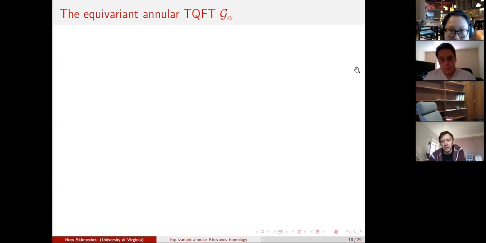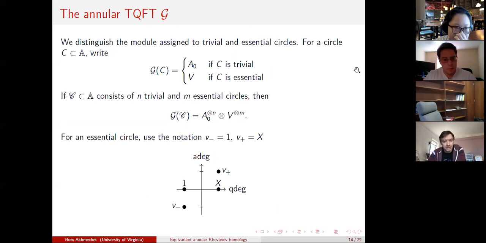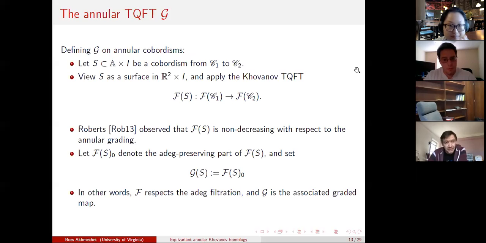Ross, can you briefly go back to the slide about the Robert filtration? Can you briefly remind me what annular grading is?